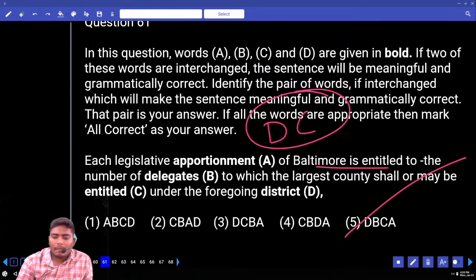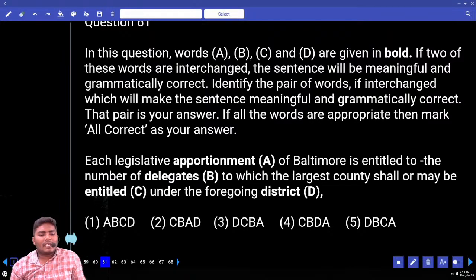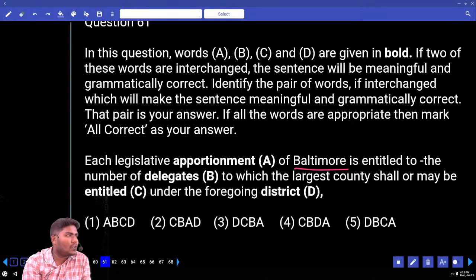Next, move to 61. Each legislative apportionment of Baltimore. If you have ever heard this word, then you can get the answer. Each legislative apportionment, each legislative delegates, each legislative entitled, each legislative district.